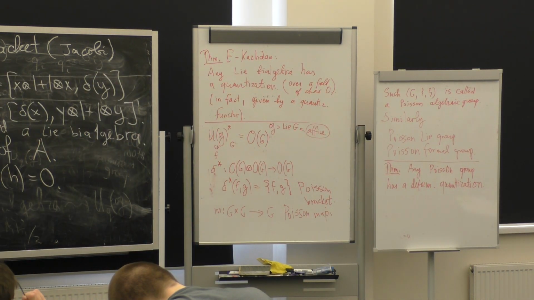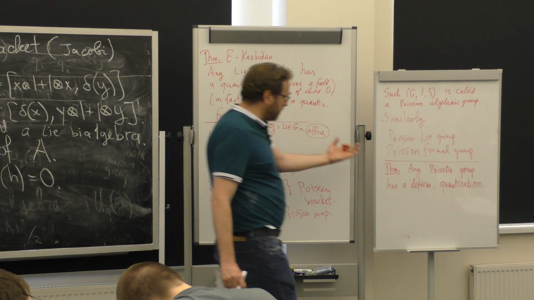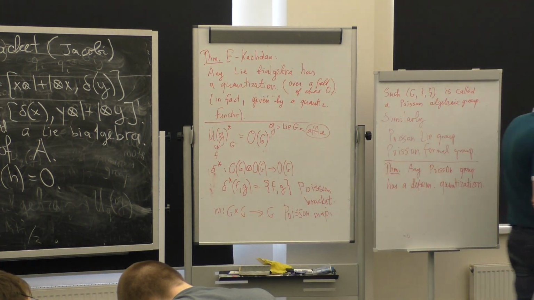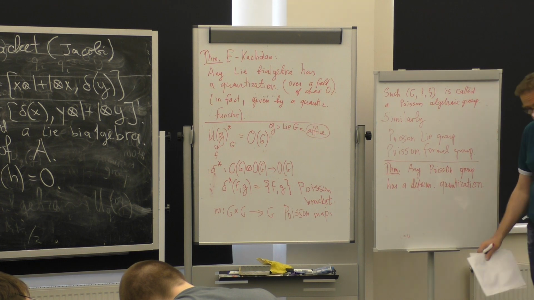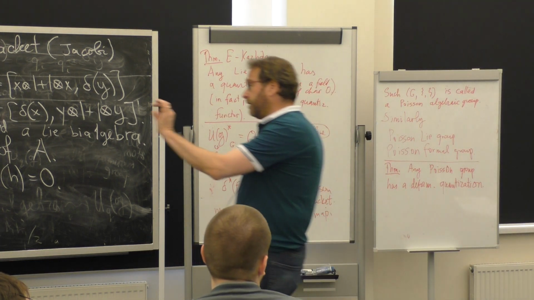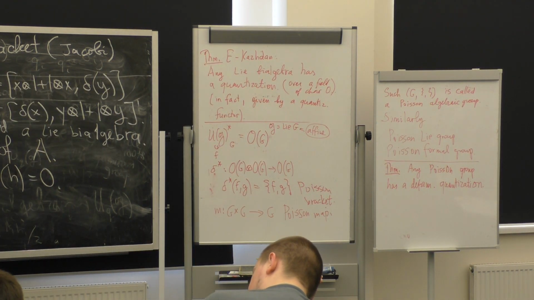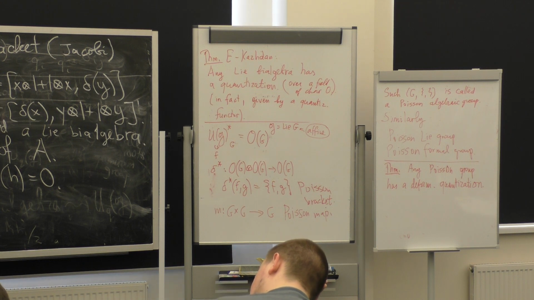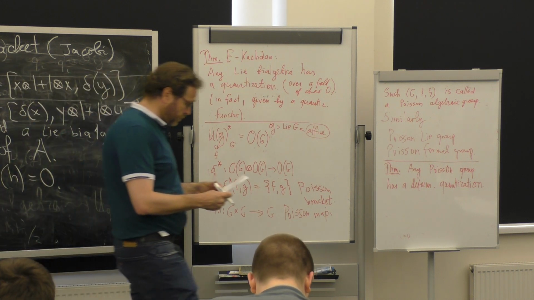It's exactly what we want in this classical versus quantum mechanical picture. So if you have any Poisson Lie group, then its algebra of functions admits a deformation to a Hopf algebra such that in first order the commutator recovers the Poisson bracket. And you can view all these quantizations U_q(g) from that point of view.